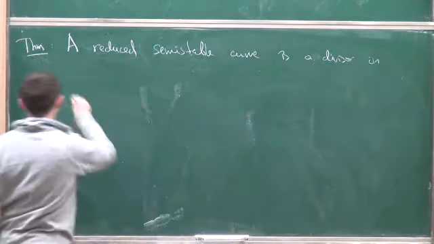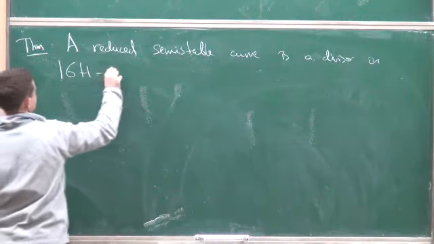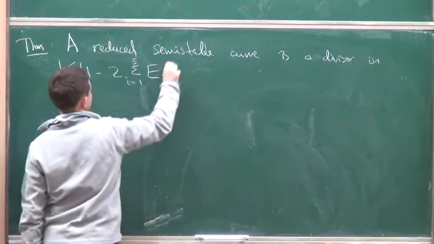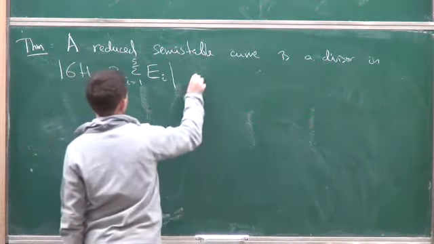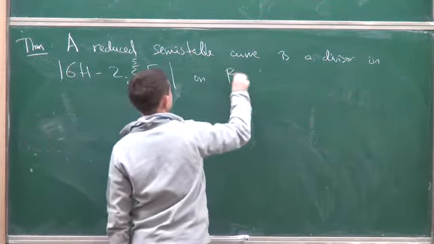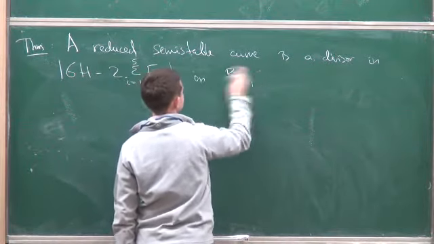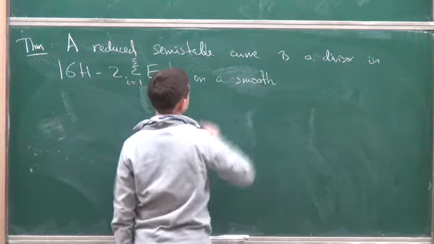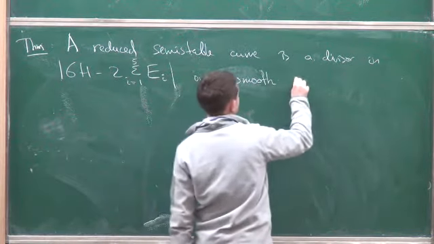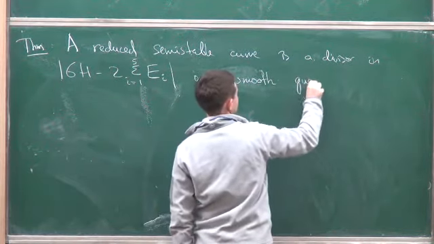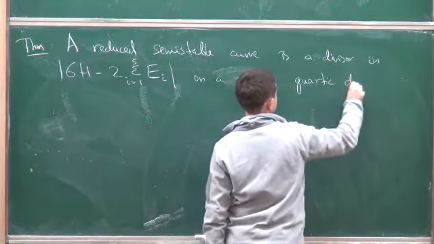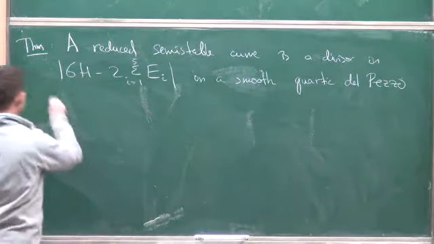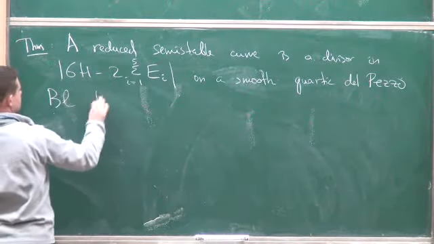in a complete linear system of this form. So it's a quadric section on a smooth quartic Del Pezzo, which I'll write as a blow-up of P2 at 5 points.